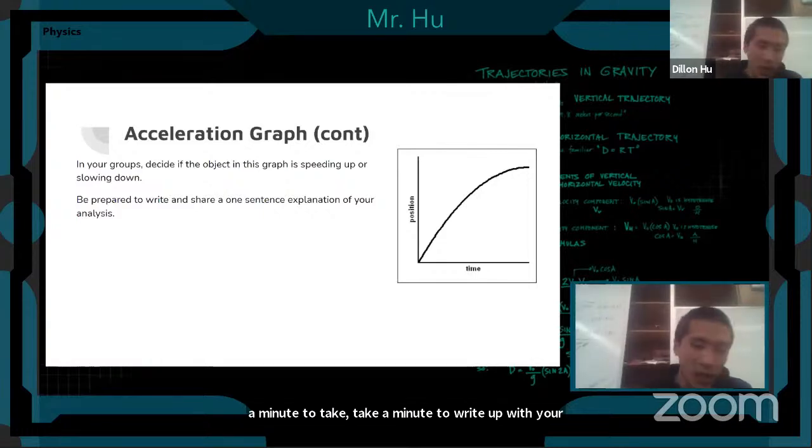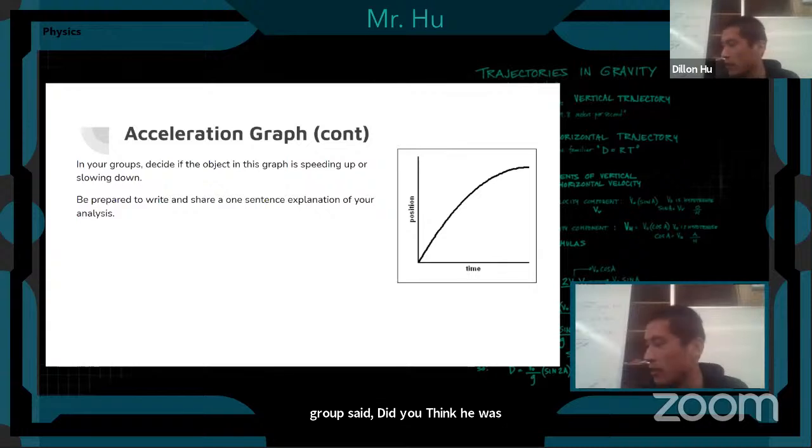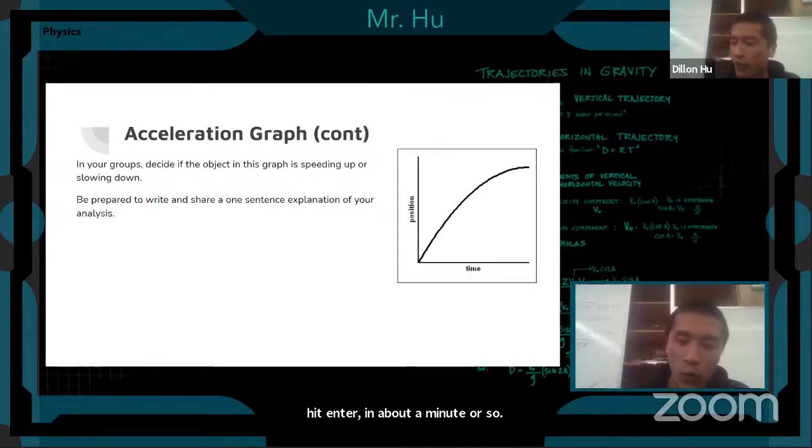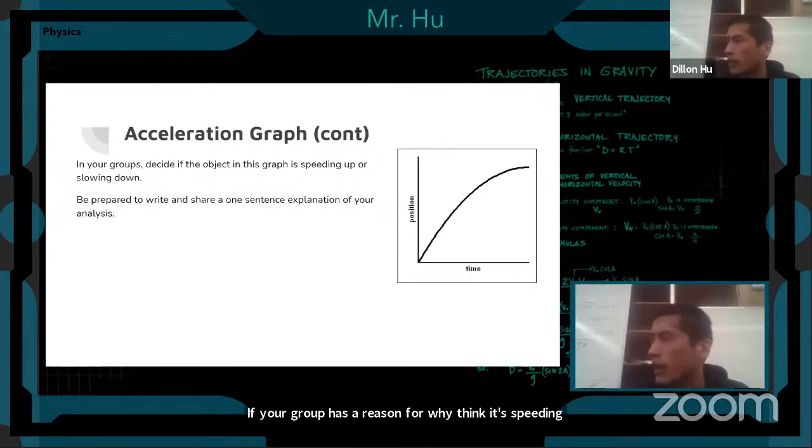Did your group think he was speeding up? Did your group think he was slowing down? And then hit enter in about a minute or so. If your group has a reason for why they think it's speeding up or slowing down, I would love to hear that as well.